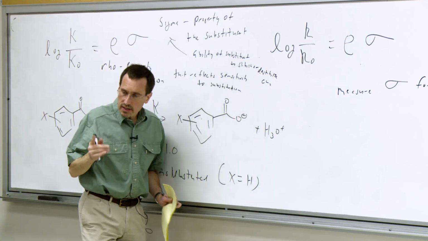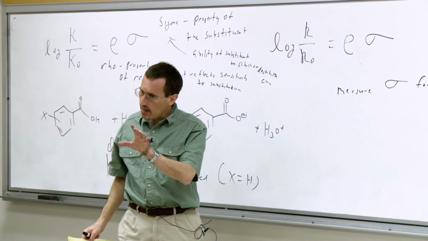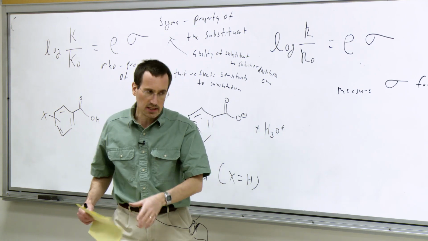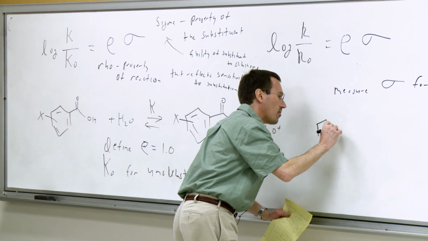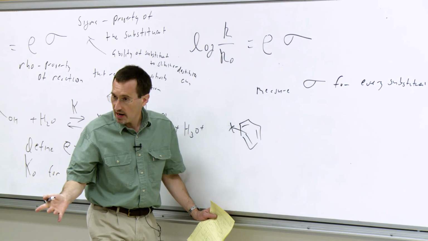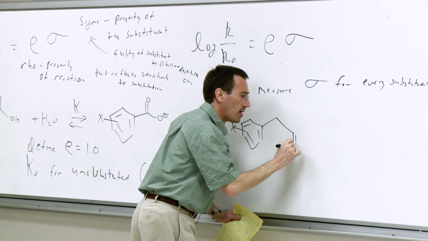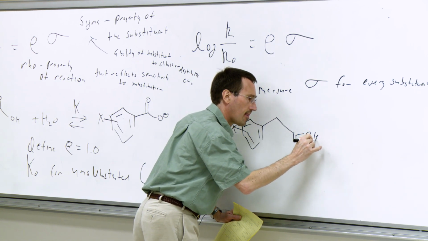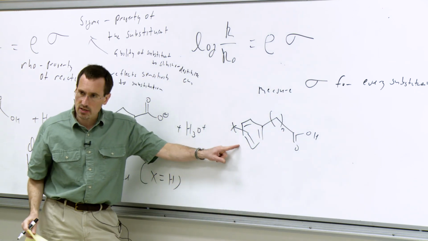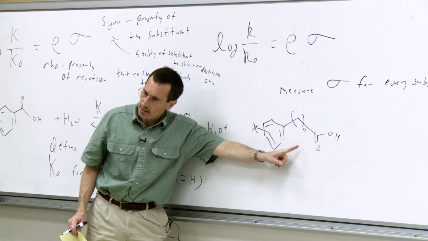All right, let me give you an idea of this qualitatively. So we're looking here at a substituent that's right near the carboxylic acid. You've heard of the inductive effect, right? Imagine for a moment we have our substituent removed from the carboxylic acid.